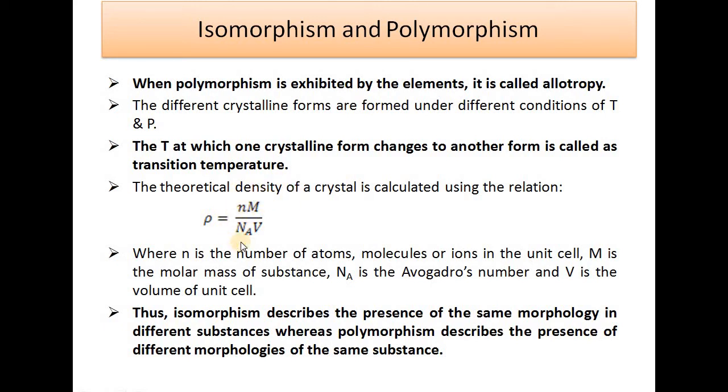So the total mass of the unit cell is equal to N times M by Na. Now dividing this total mass of the unit cell by the volume of the unit cell, we get the density of the unit cell. So the theoretical density of a crystal can be calculated by using this relation.